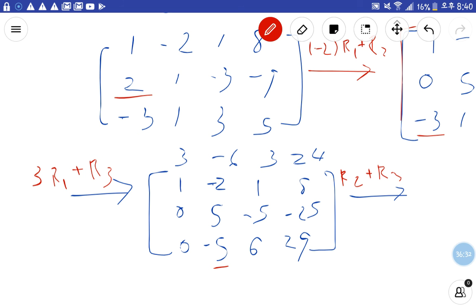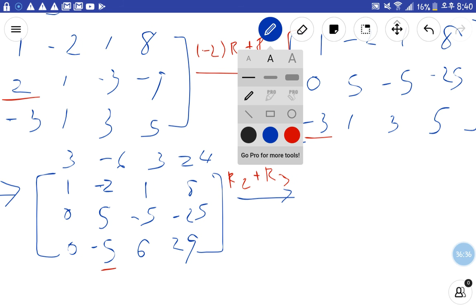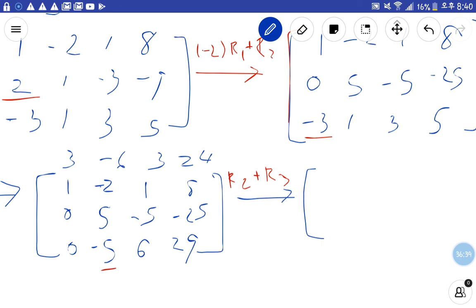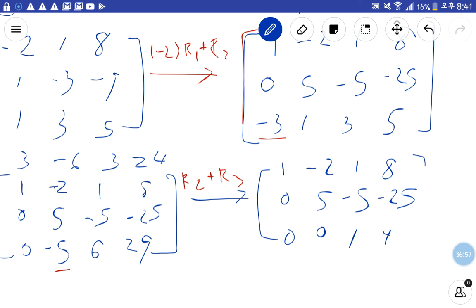I told you already. So if you add your second and third, your first row is going to be the same. Your second is going to be the same. Now your third is going to be 0, 0, 1, and then 4. Right? Now my next step is to deal with this.